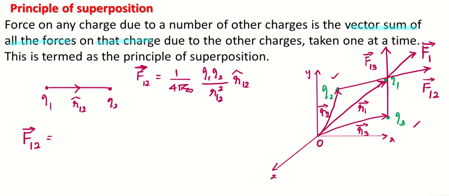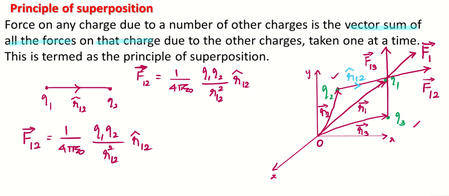இது எழுதும்போது 1 by 4 pi epsilon naught Q1 Q2 divided by R12 whole squared R12 cap. இப்போ இங்க R12 எங்க இருக்கு? The line joining Q1 and Q2. So this is R12 cap.